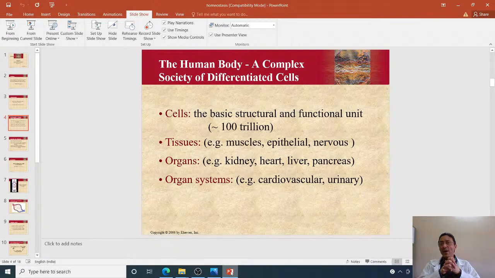Now let us see how a constant internal environment, or homeostasis, is maintained, and what happens if there is a disturbance in this cellular function. Now let us imagine the 25 trillion cells are carrying oxygen and supplying it to the remaining 75 trillion cells.